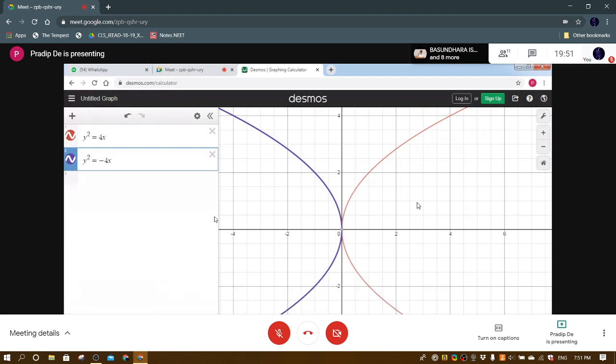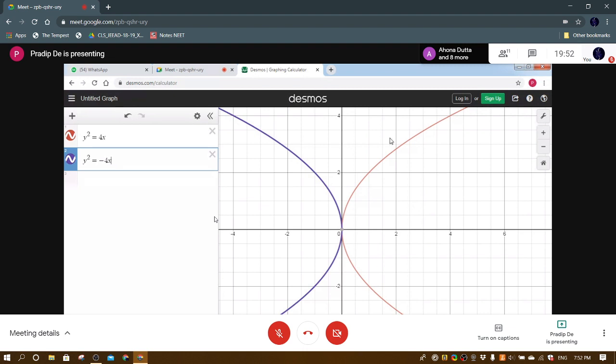How are they related? Look at the diagram. You can see that the second one, y square equal to minus 4x, is a reflection of the first parabola, y square equal to plus 4x, in the y-axis.